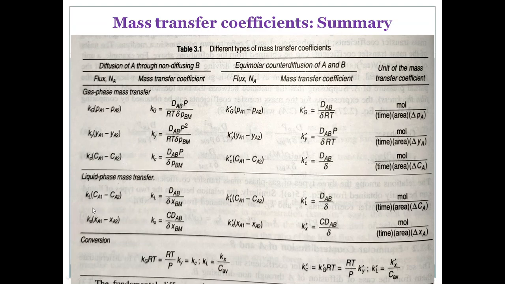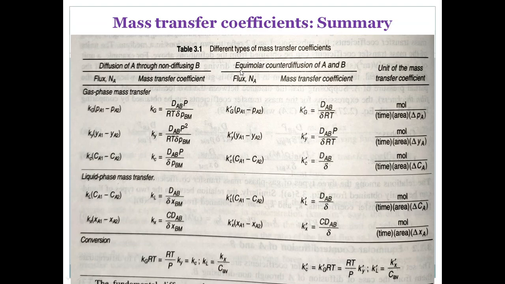And for the liquid phase, Kl with Ca1 minus Ca2, and Kx with Xa1 minus Xa2. These are the corresponding expressions.